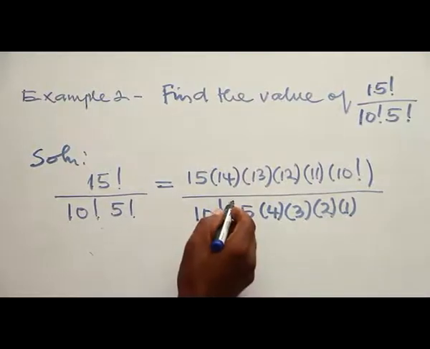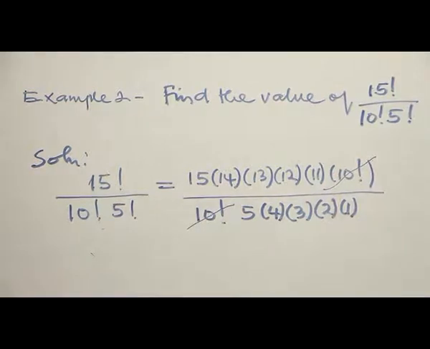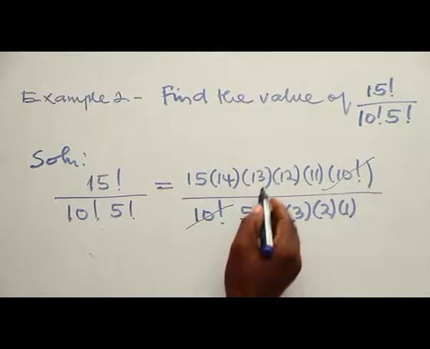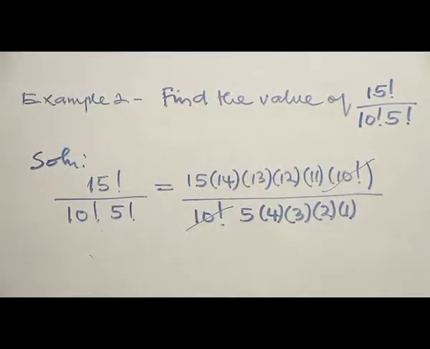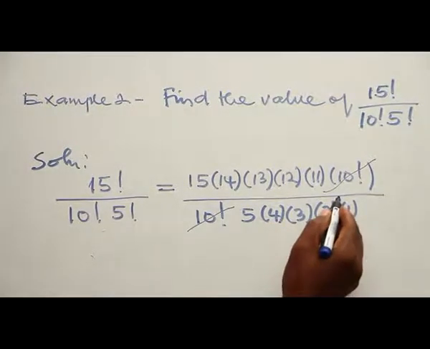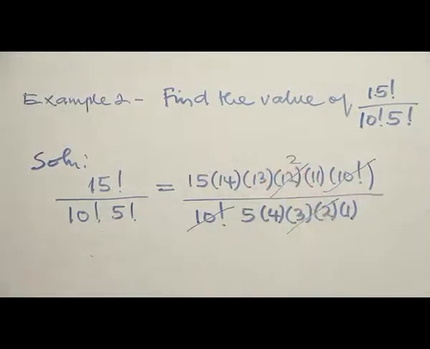Now you discover that 10 factorial and 10 factorial will cancel. So we now have 5 times 4 times 3 times 2. Let's look at this: 3 times 2 is 6, and we cancel this, and this is 2.